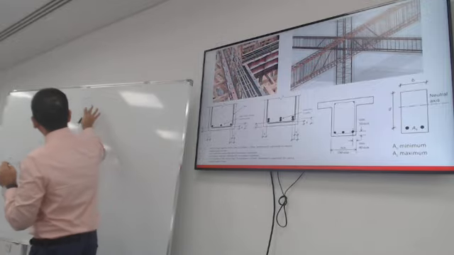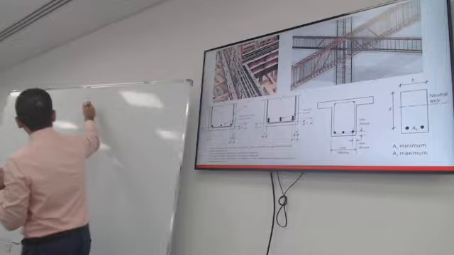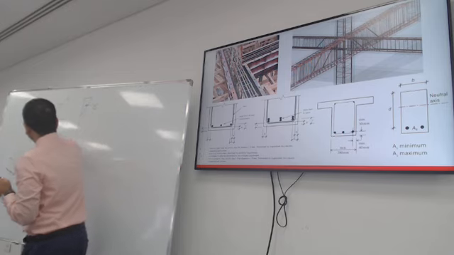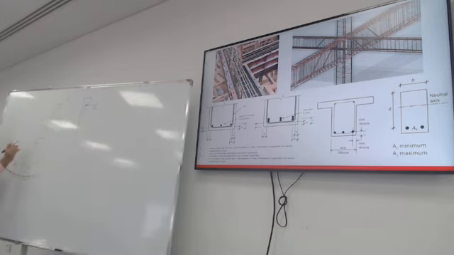If you look at how this section is going to work, the compression stress will have a resultant compression force, and at the steel level, this is the steel bar, at this level, that's going to be the tension force.